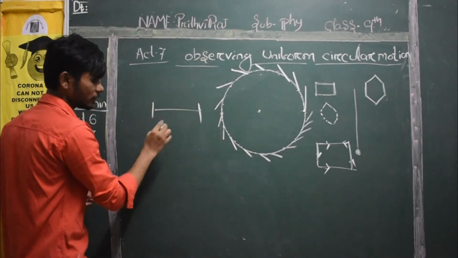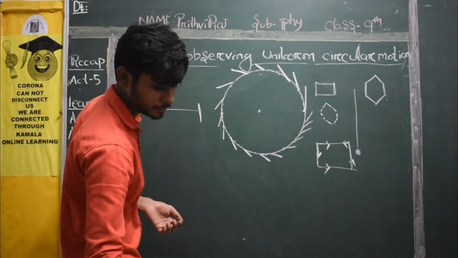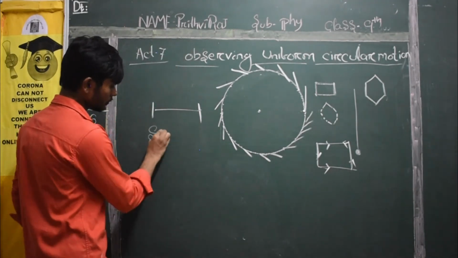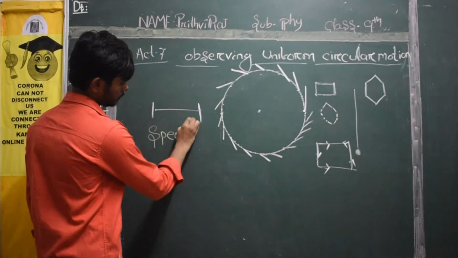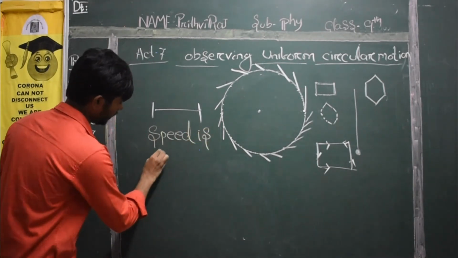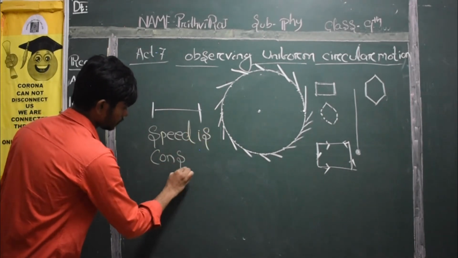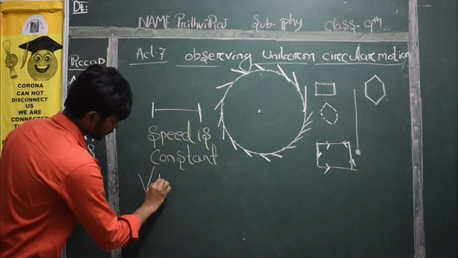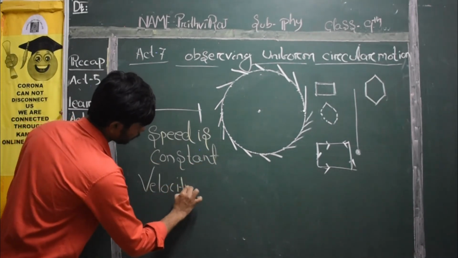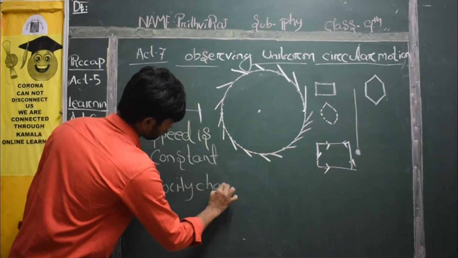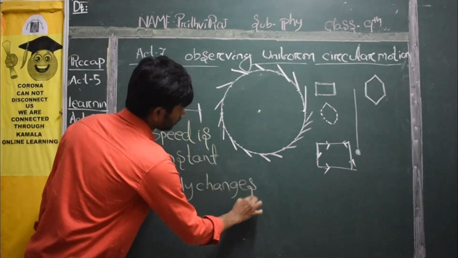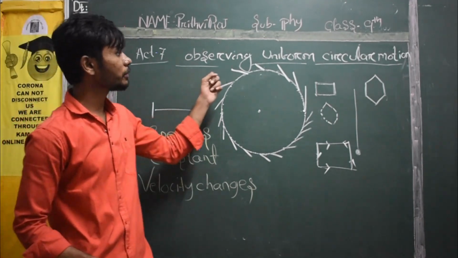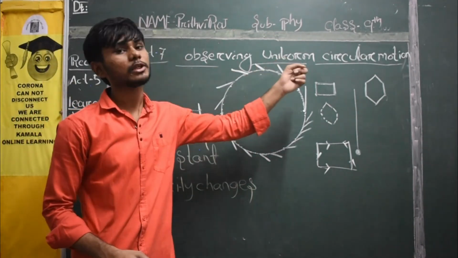So you will write what we have observed: speed is constant, velocity changes due to direction.